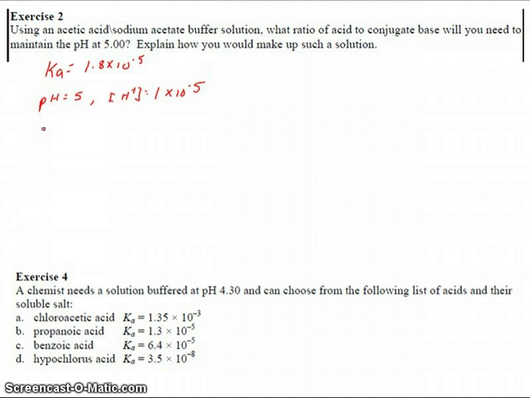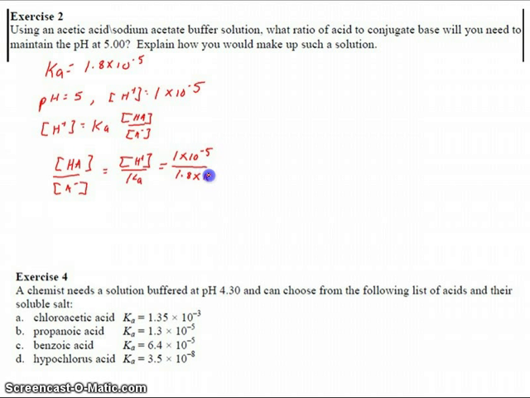And I also know that if I rearrange my equation here that says H plus equals Ka times concentration of HA over concentration of A minus, solve that for concentration of HA over concentration of A minus, that's going to be H plus over Ka, or 1 times 10 to the minus 5 divided by 1.8 times 10 to the minus 5, which happens to be equal to 0.55 repeating.